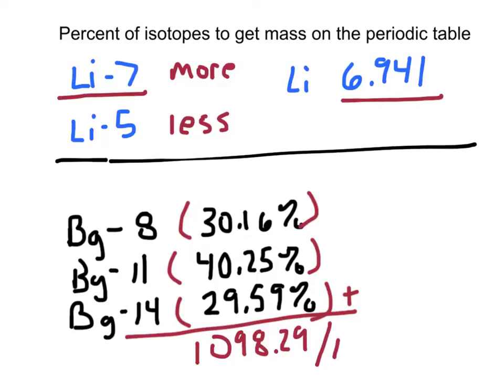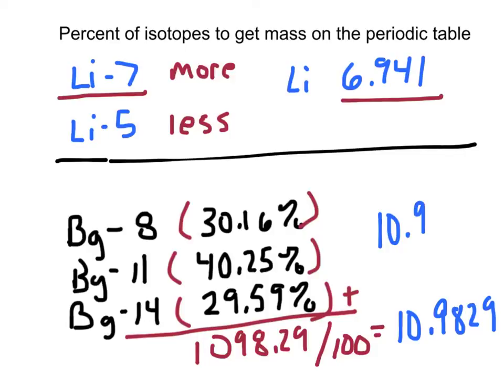So I've got to get it out of percent by dividing by 100, and doing that, I end up with 10.9829 from my calculator. Now, I only have 3 significant figures because the 8, 11, and 14 are exact numbers, so I would report 10.983.